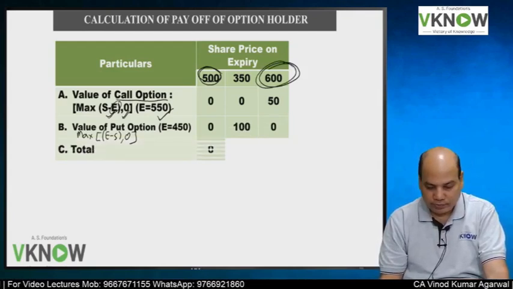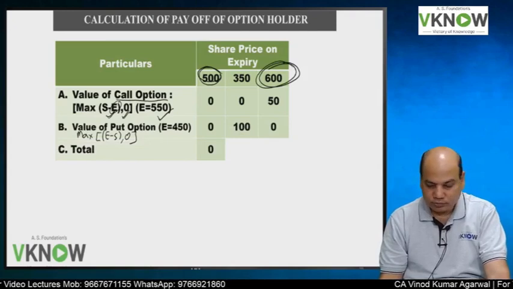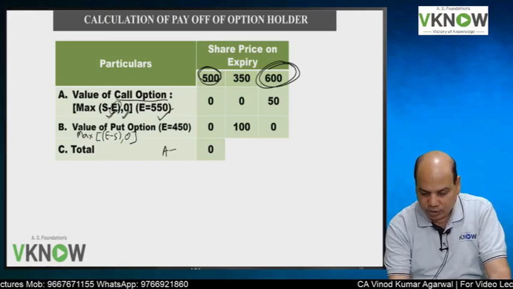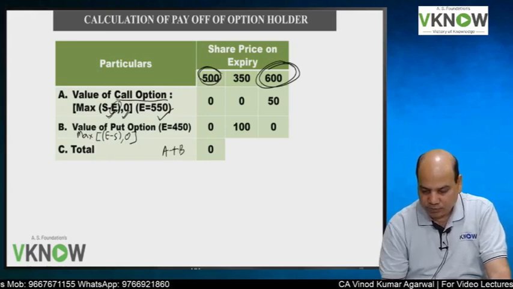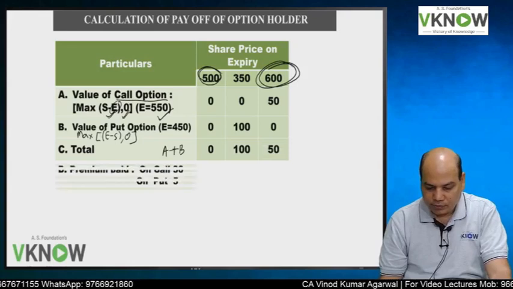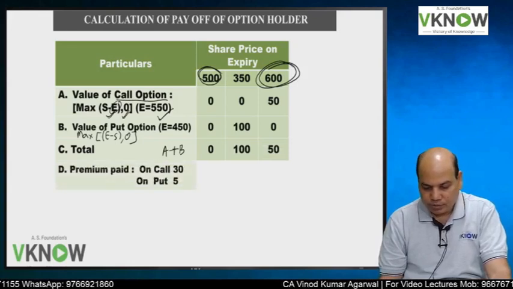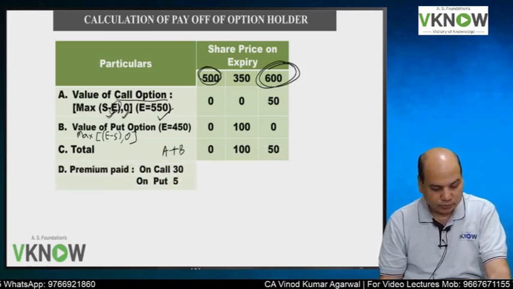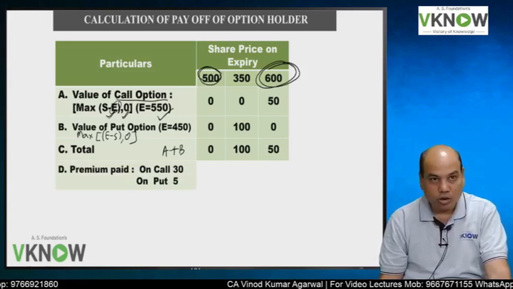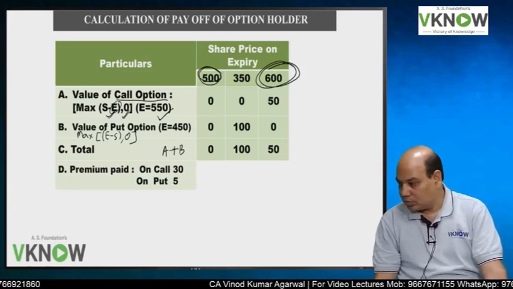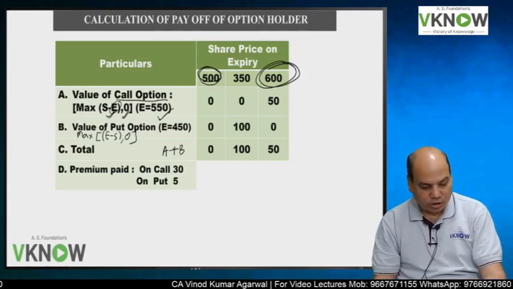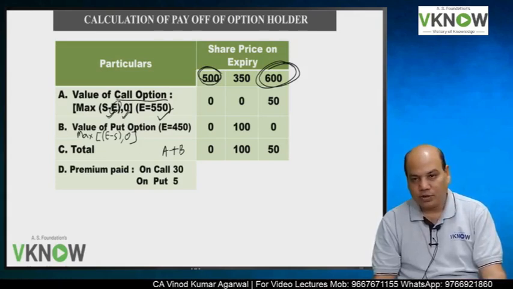Total, write down. Total A plus B: 0, 100 and 50. Then write down point D, premium paid on call 30 rupees, on put 5 rupees.